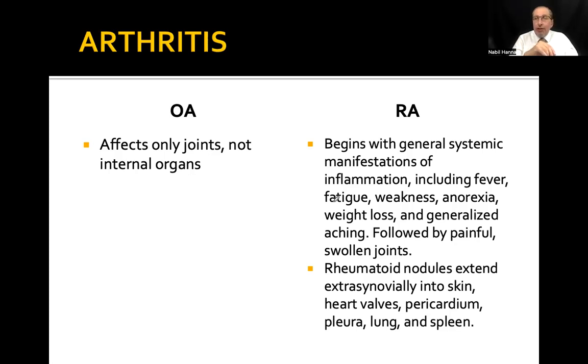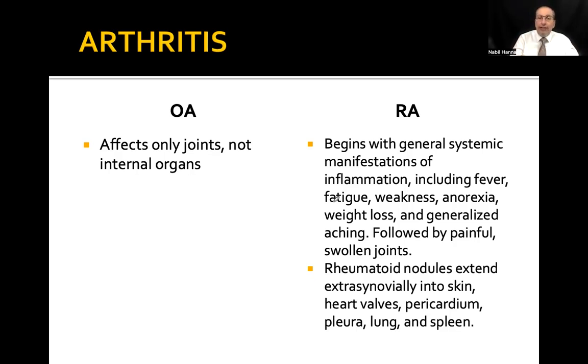Rheumatoid arthritis is a chronic arthritis, and it can be interrupted. It can start with acute manifestations, but most of the time it's an insidious, gradually developing chronic arthritis with some flare-up attacks or flare-up episodes.